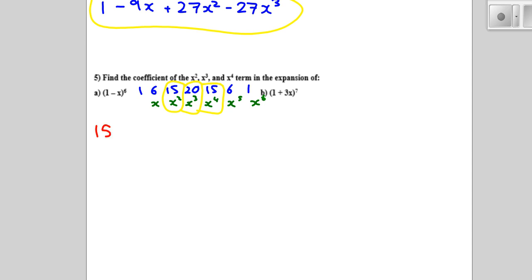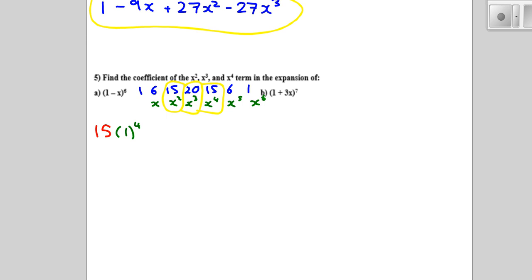If that's x squared, what would be the exponent on the 1, out of interest? Because the exponents need to add to 6. 4, yeah. So that's going to be 1 to the power of 4. It's easy enough when it's 1, to be honest. But imagine it wasn't 1, maybe it was 3 or 2. Then you would have to put that in.